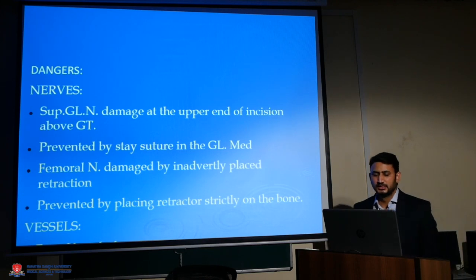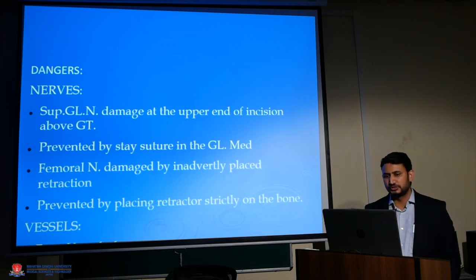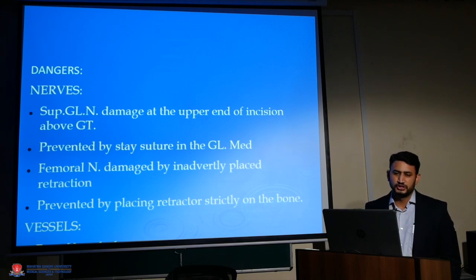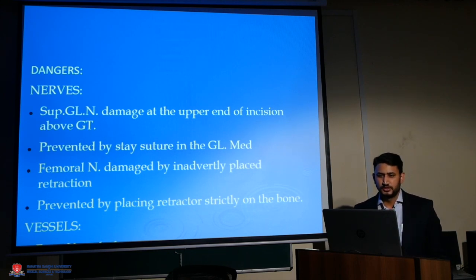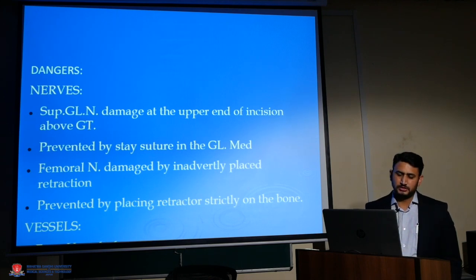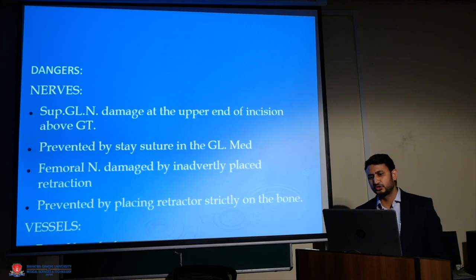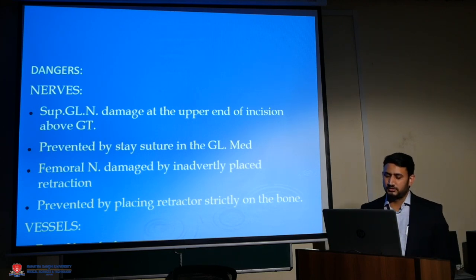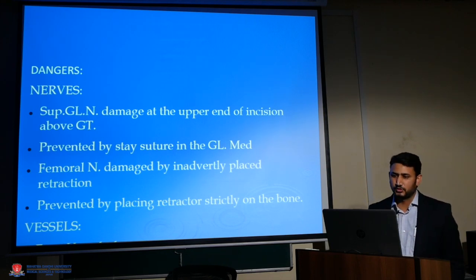Dangers here again: if you go more than 3 cm proximal to the trochanter, you can damage the superior gluteal nerve. It is better to prevent it by placing a tie suture just 3 cm proximal to the greater trochanter, so you cannot extend proximally.